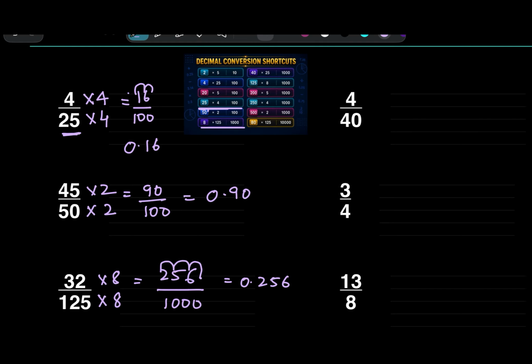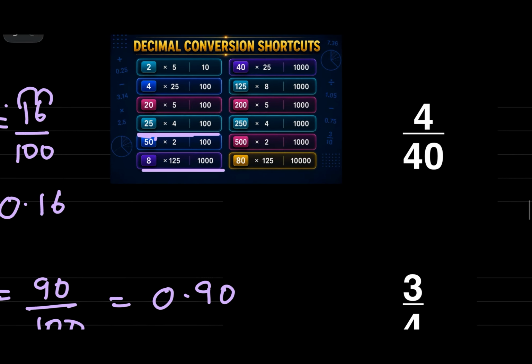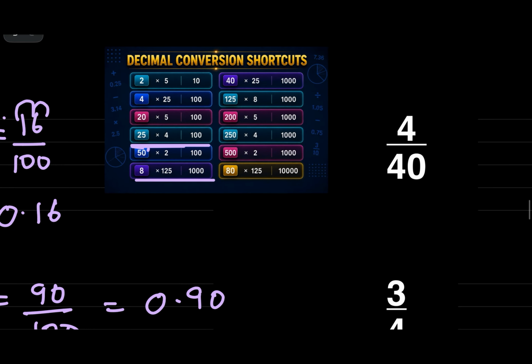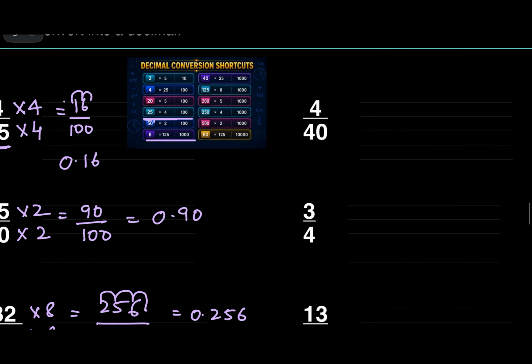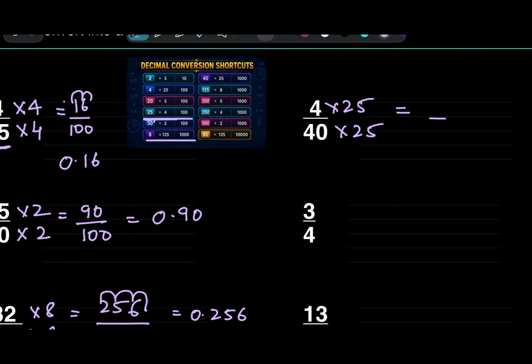This is a very tricky question because those numbers will be given to you where you need to make these as the denominator. Next one is 4 upon 40. Now let us look at 40 over here. Where is 40? Okay, 40 into 25 is 1000. So into 25, into 25. 25 fours are 100.